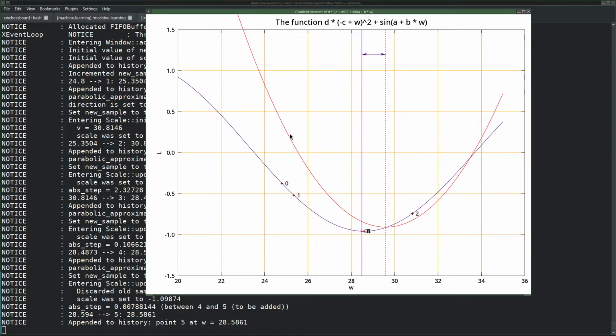Maybe I should do that. The point is that this blue line is a sinus, but it's more or less equal here to the previous parabola. So let's say this is a previous parabola, and I just artificially moved the parabola just to test it.